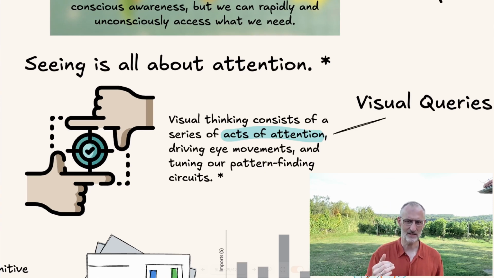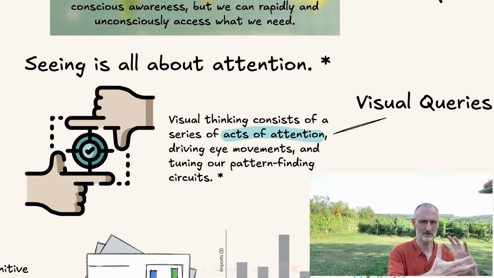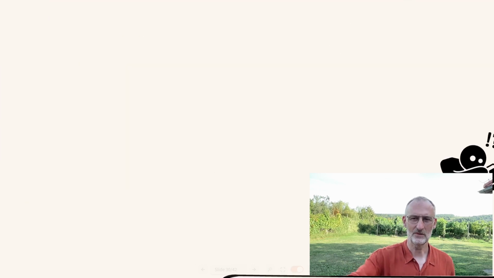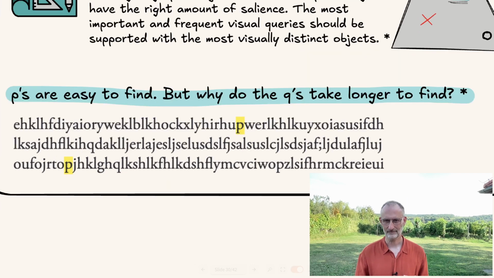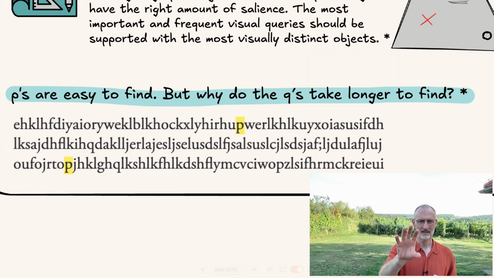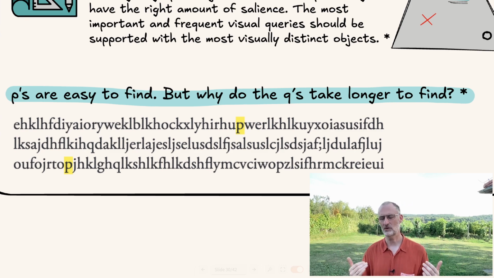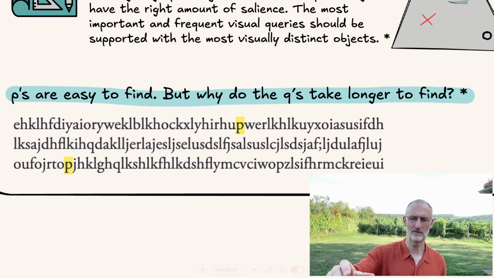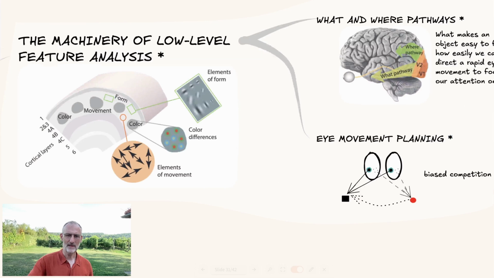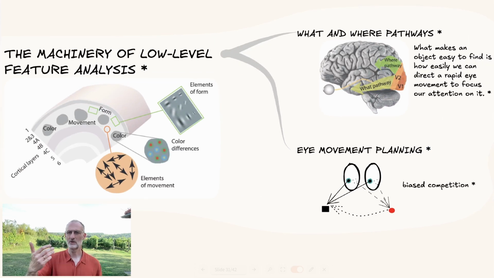And attention is driven by visual queries, and of course by the mental models that you're using to guide your attention. So if we now go back to the example about the P's and try to conclude this video with some practical examples of how you can apply what we've discussed so far: why do P's stand out and why do Q's not stand out?